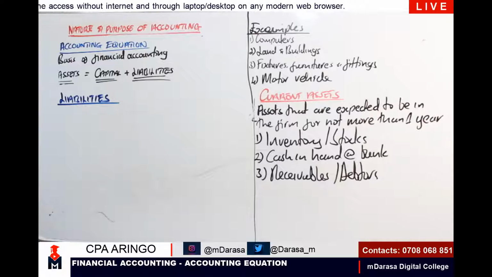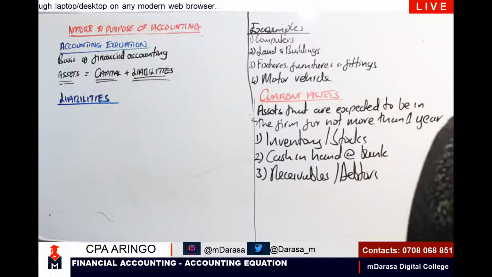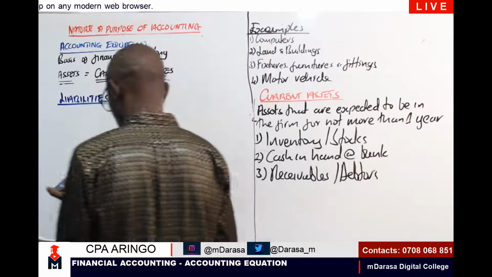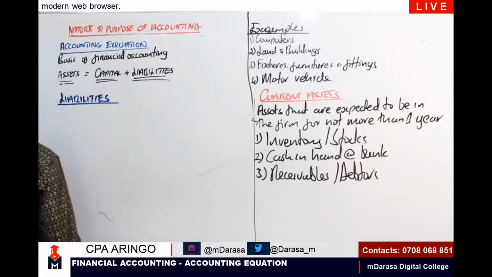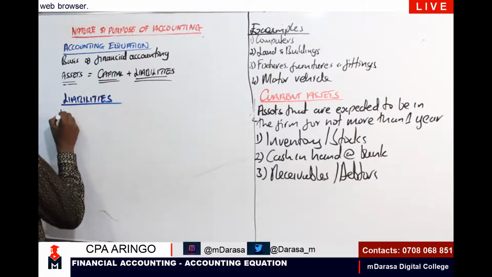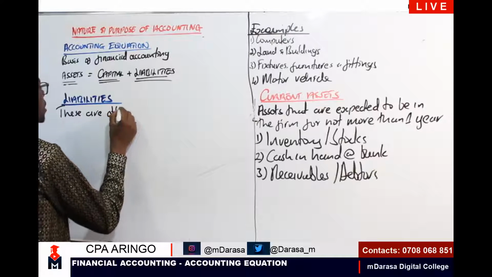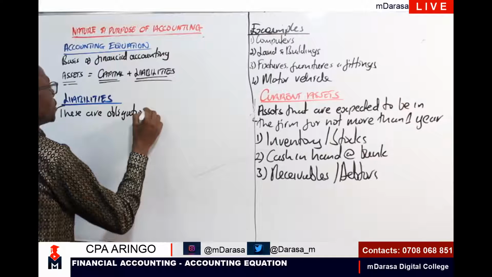In a very brief manner, anytime you talk of liabilities, you normally term them as obligations of a business as a result of past events.